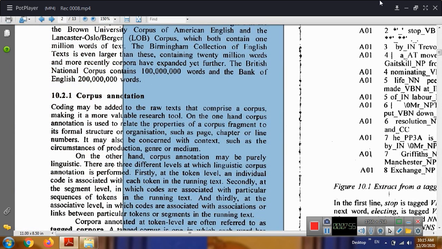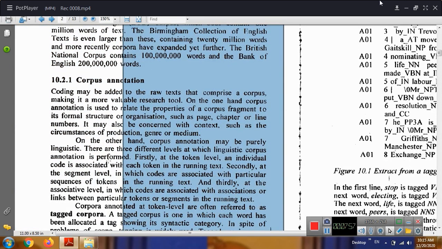Corpus annotation. We read about annotation in the previous sessions, but here we refer to it again. Coding may be added to the raw text that comprises a corpus, making it a more valuable research tool.